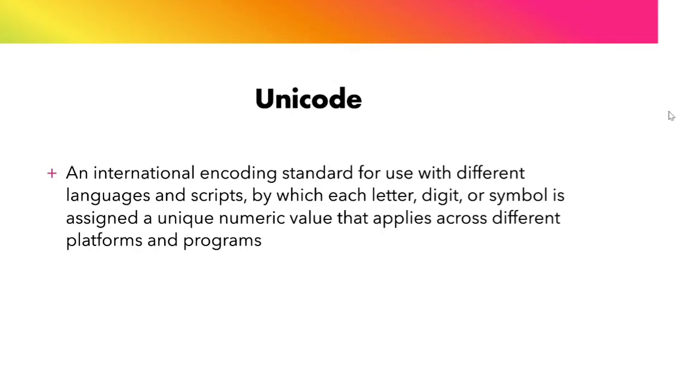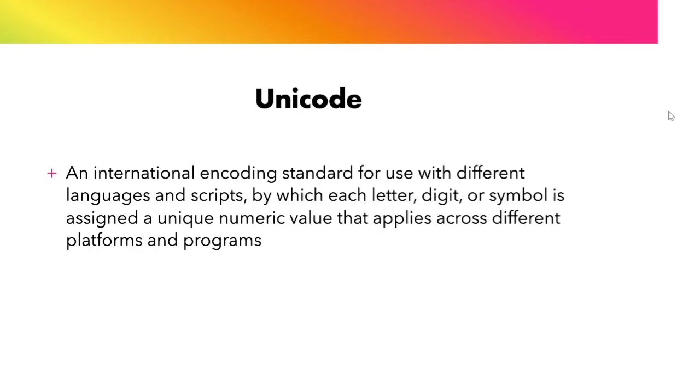For example, in English, we have alphabets like A, B, C, D. In Hindi, we have letters like a, e, k, kh, g, and we have matras, which we can call symbols. So each and every symbol and digit is assigned a specific numeric number, and that number is the Unicode, which is internationally accepted.